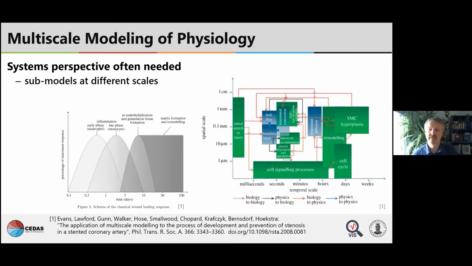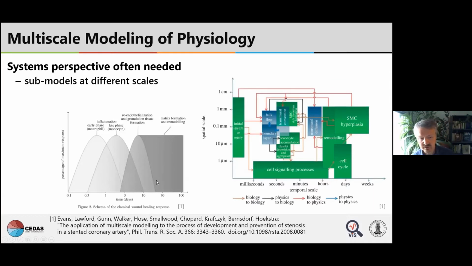Modeling an aspect on one scale is often a big challenge by itself. But modeling a system that is composed of multiple pieces that should play together on multiple different scales, that's a big challenge. Here I've taken just two pictures from a multiscale modeling publication a couple of years back that illustrate this.